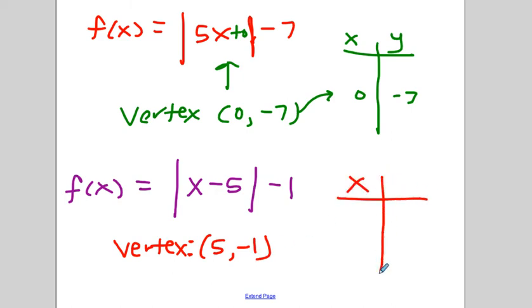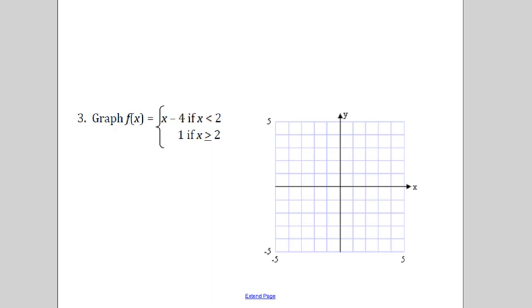So once again, you put that in the middle of your table, and you pick numbers below and above. Okay, so that's our absolute value function. If you have questions, let me know, but please, please, please make sure that when you are graphing it, it looks like a V. Okay, if you don't have a V, it means you made a mistake somewhere.